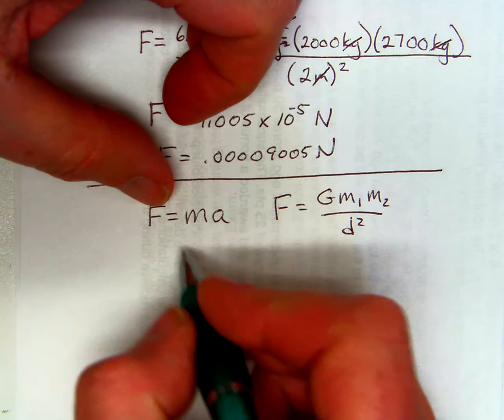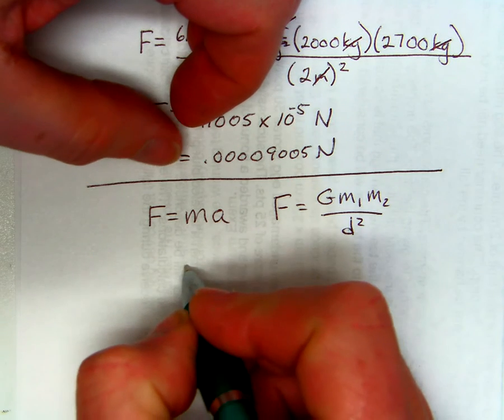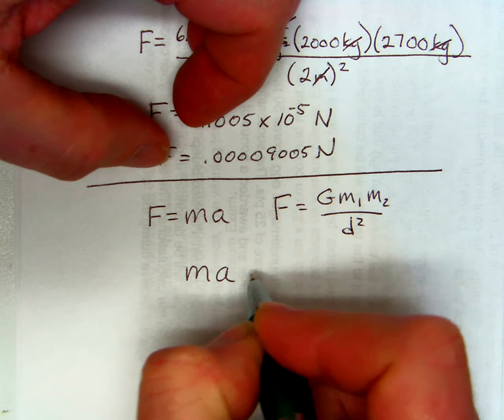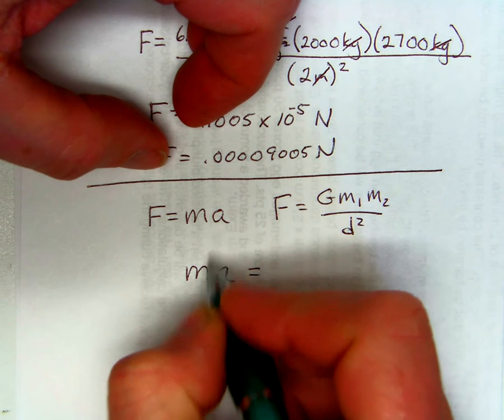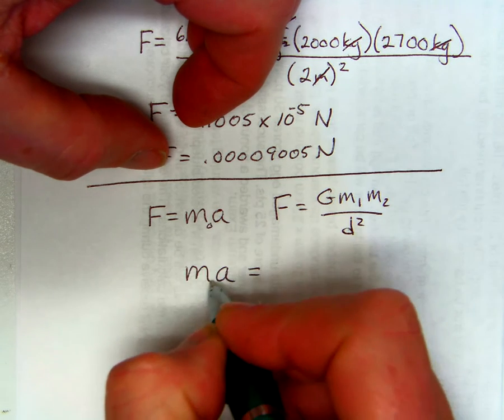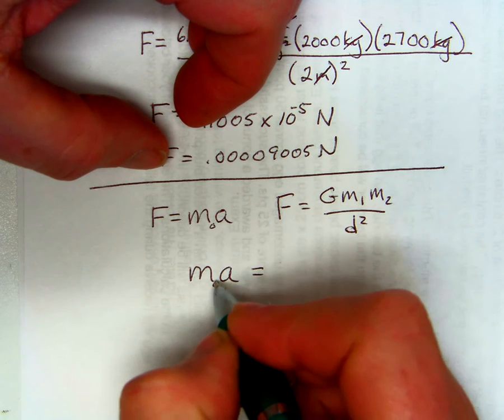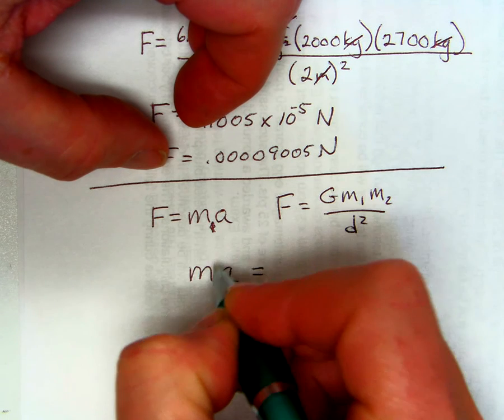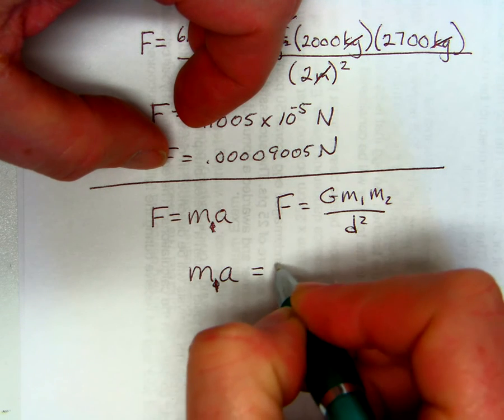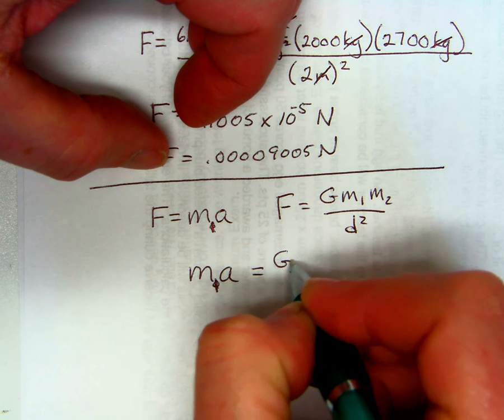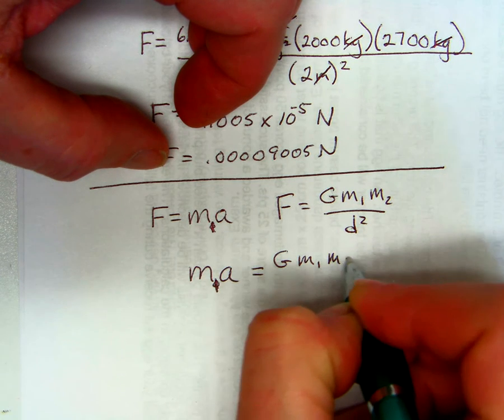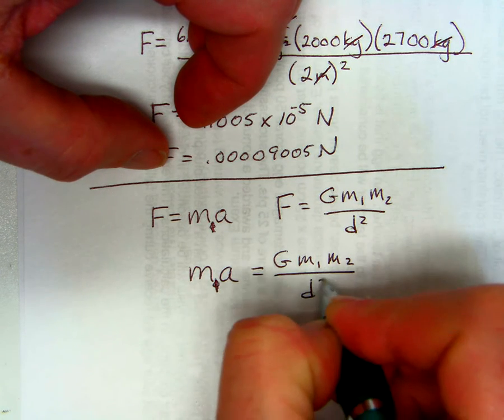Since this is the force and this is the effect of that force, we can put these together so that we have mass times acceleration, and this is the object, or let me call it m1 in this case, and that equals G m1 m2 over d squared.